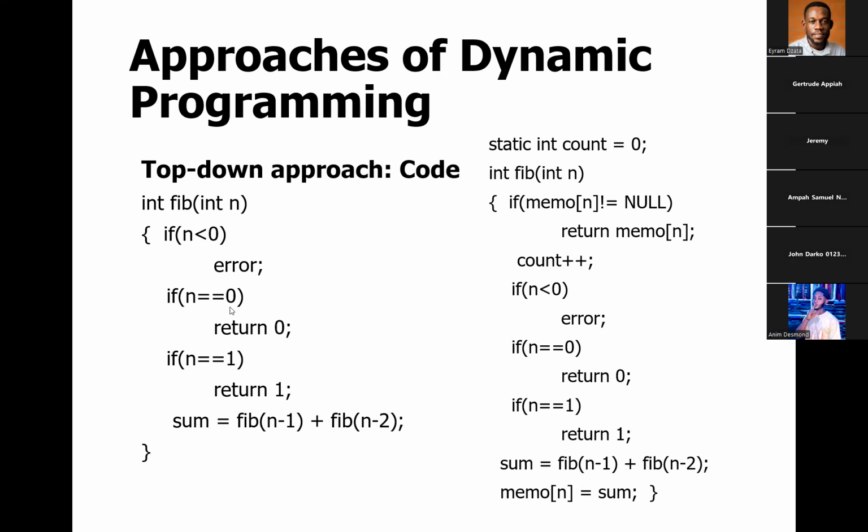If it is equal to 0, it returns 0. If it is equal to 1, it returns 1. And then it finds the sum of the first term and the next term to give you your Fibonacci numbers.